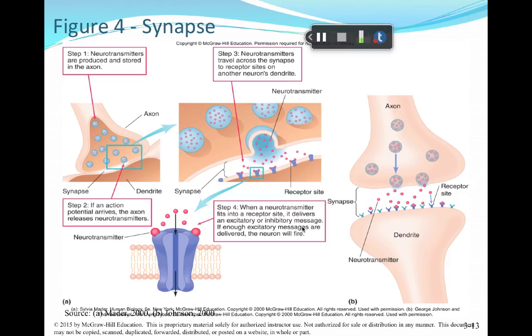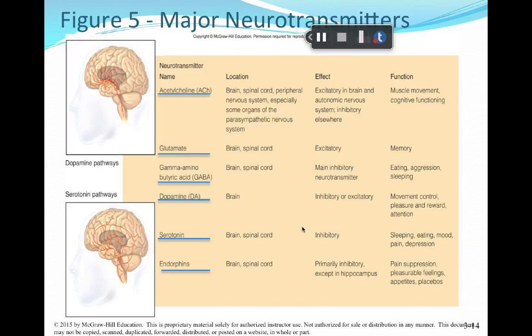It can be an excitatory message, or sometimes a neuron will send a message that can be inhibiting future firing.